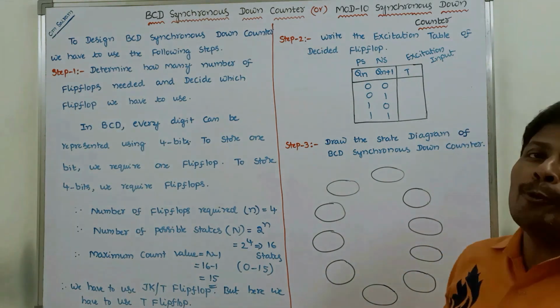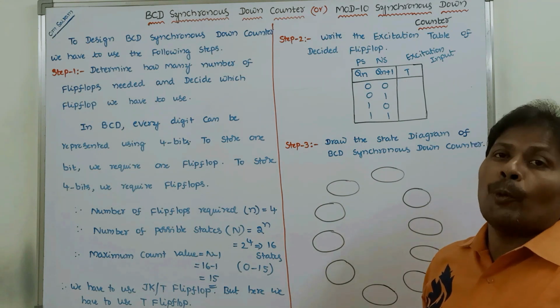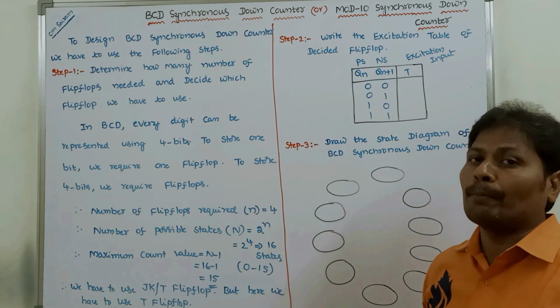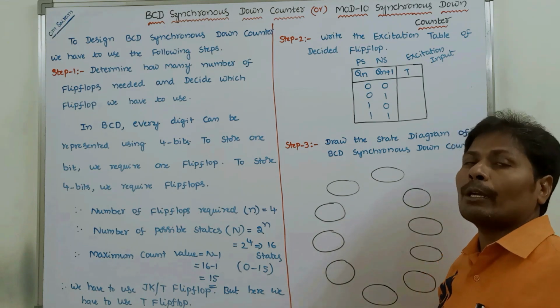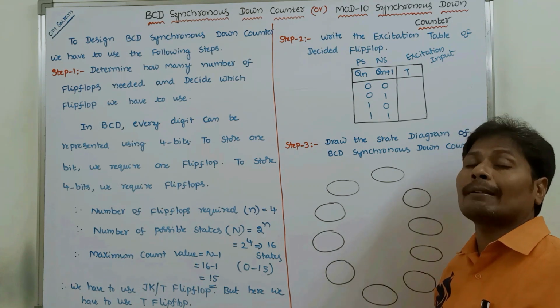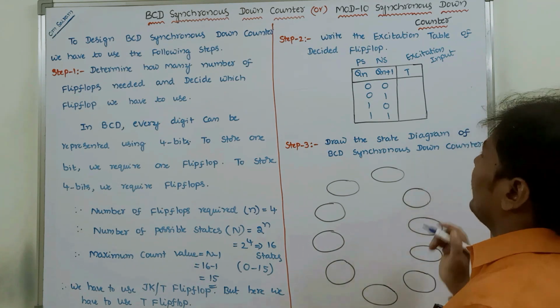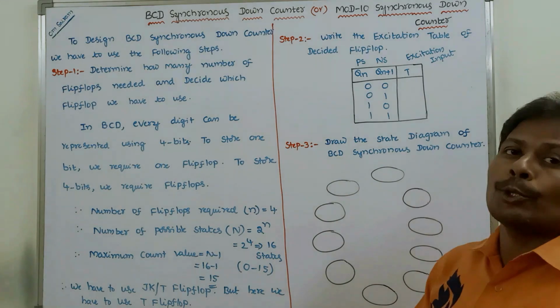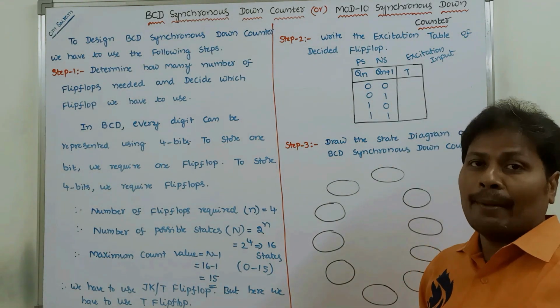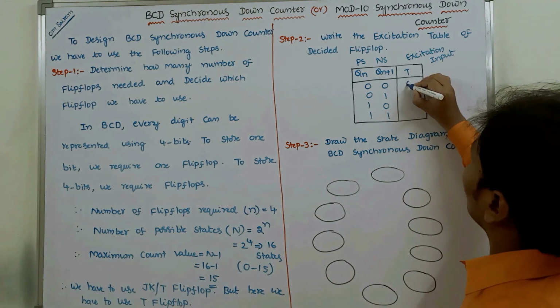T value is equal to 0 when the present state and the next state bits are same. T value is equal to 1 when the present state and the next state bits are different. Here we are taking the first row. Here 0, 0. Both bits are same, then T value is equal to 0.